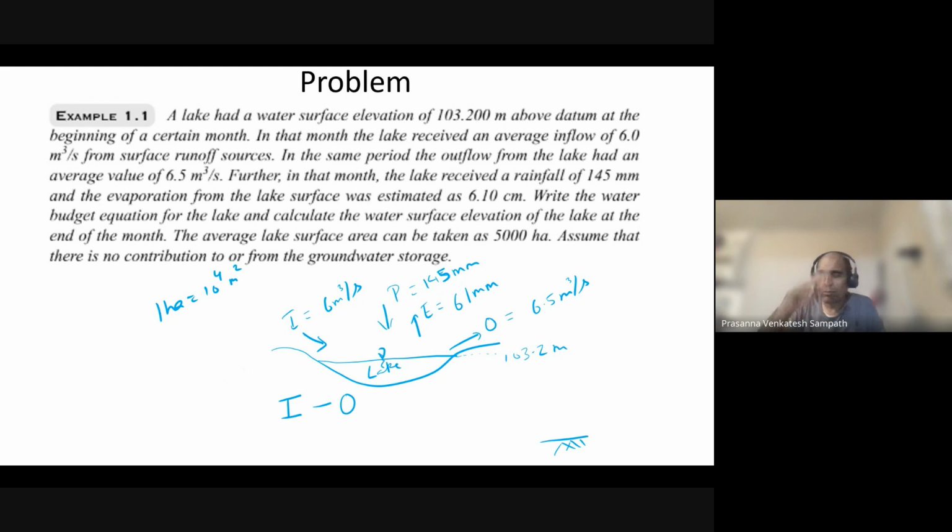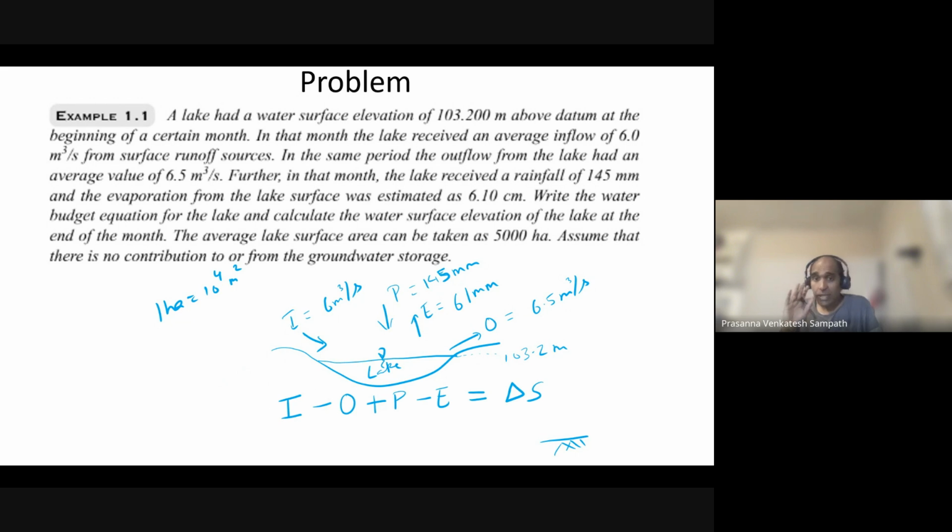In this case I've already written multiple types of inflows, so let me write it like this: inflow, that is this term, minus outflow, that is this term, plus precipitation minus evaporation, equal to delta S, the change in storage. Okay, does that seem reasonable?